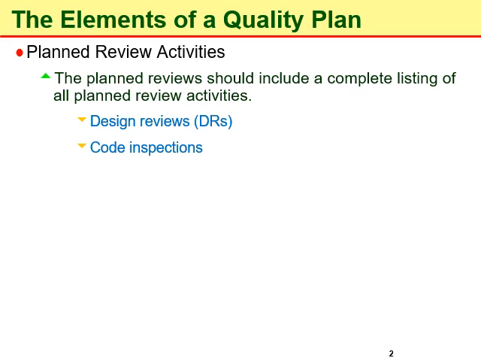These reviews may be design reviews and similarly code inspections. So what are design reviews? As the name implies, these reviews are meant to evaluate the design against its requirements and to identify other issues before proceeding to the next project activities.